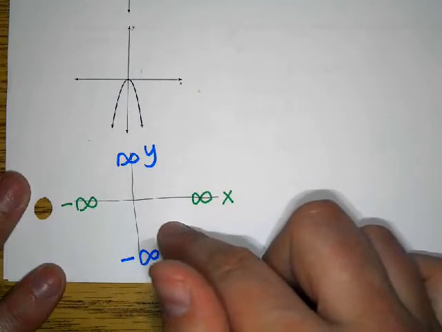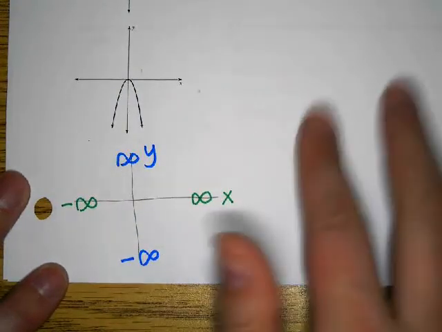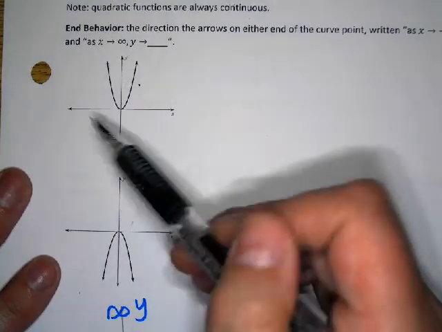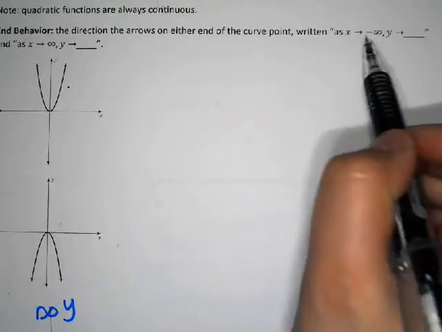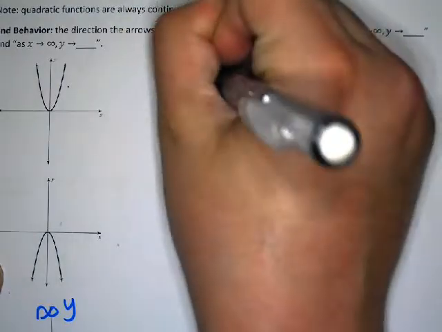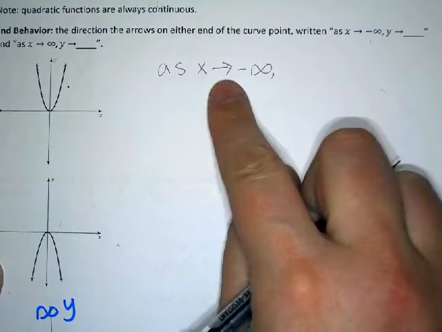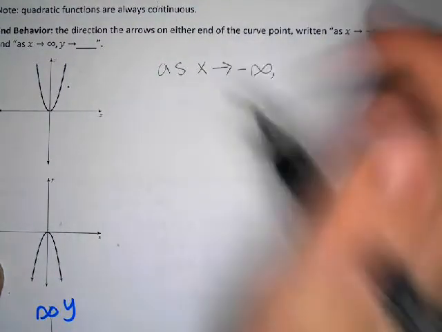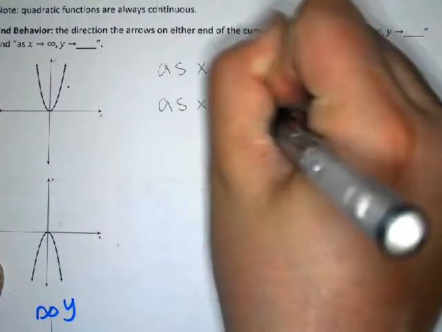And so the end behavior is really just describing which direction the arrows are going. So the first thing we always write is as x goes to negative infinity. This is a really fancy way of saying, hey, look at the left arrow. Then we say as x goes to positive infinity. This is a really fancy way of saying, hey, look at the right arrow.